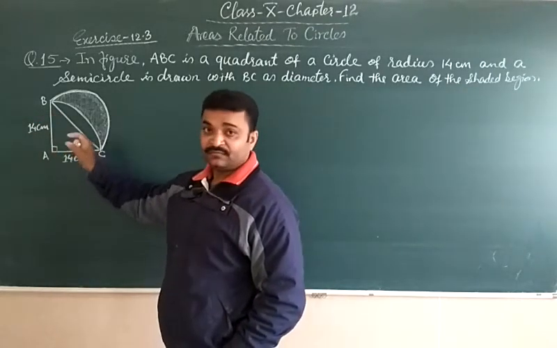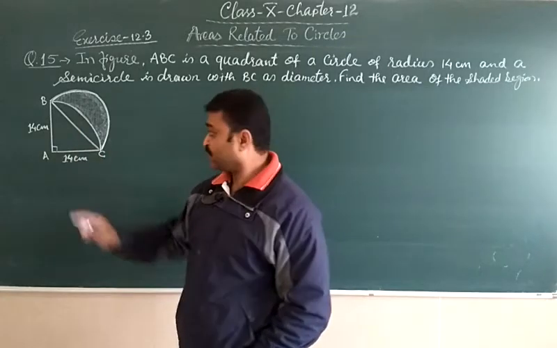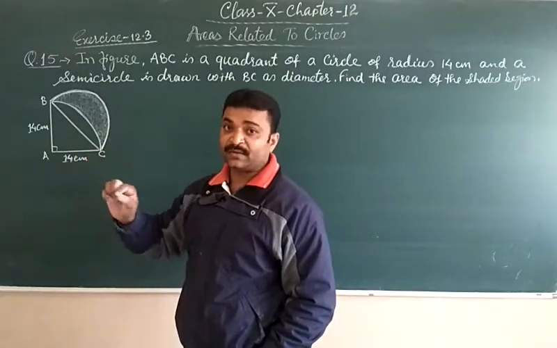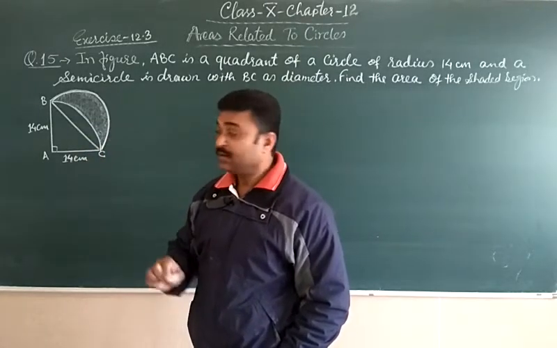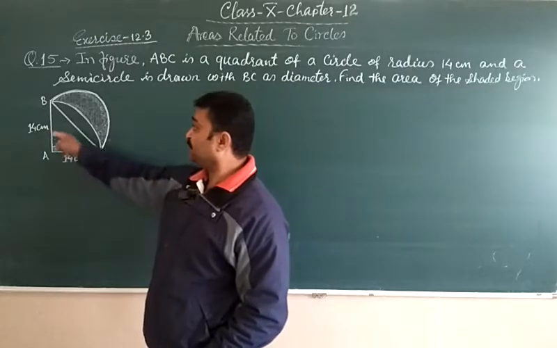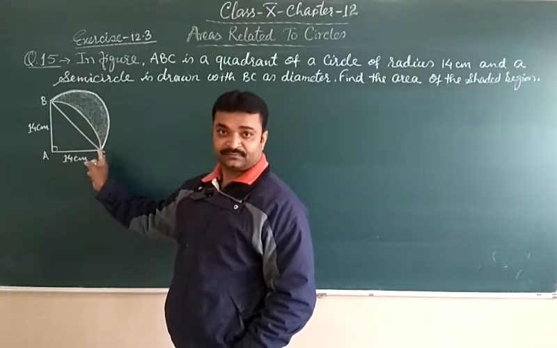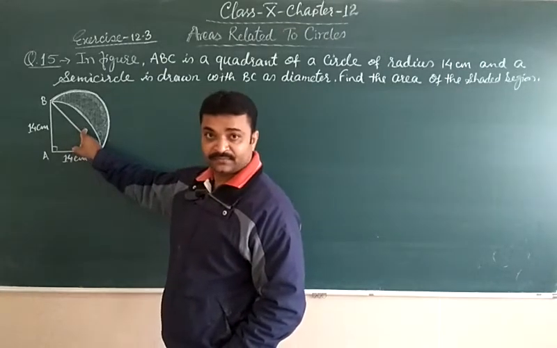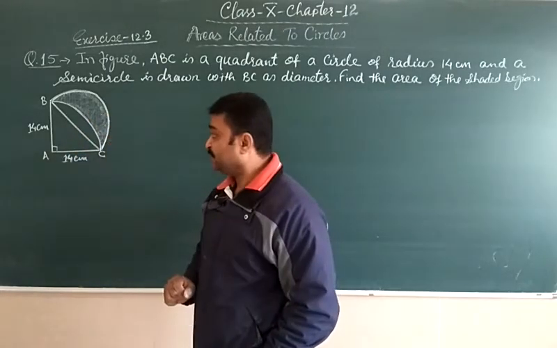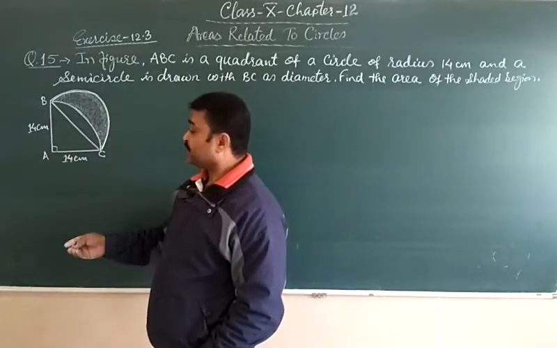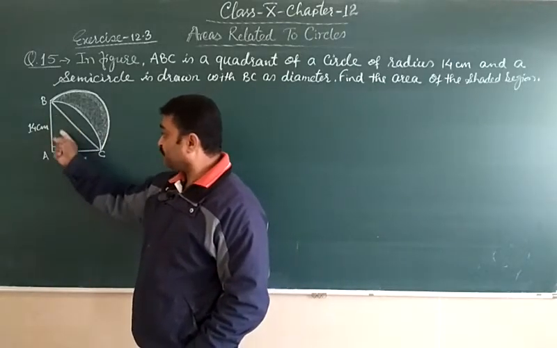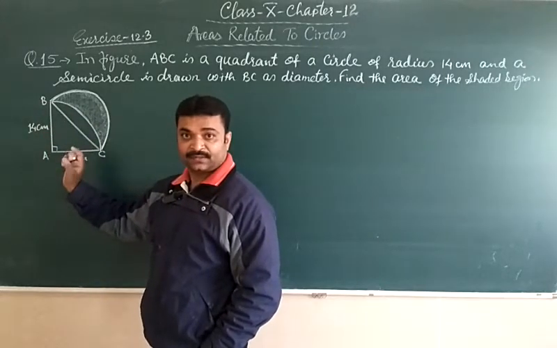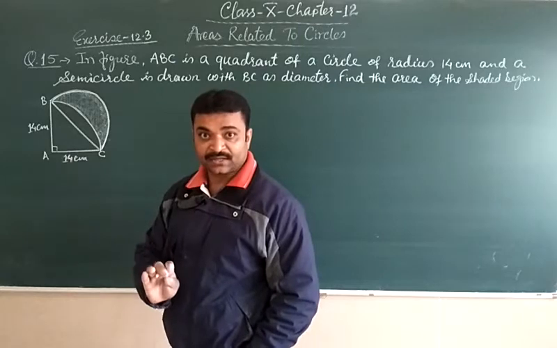Then what about this side? We will apply Pythagoras theorem to find the side BC, and after getting BC, we will divide by 2 to get the radius. By that radius, we will find the area of this semicircle. Clear? How do we find the area of this segment? The area of this segment will be found by subtracting the area of the triangle from the area of this quadrant. Clear? Did you understand what to do in the question?